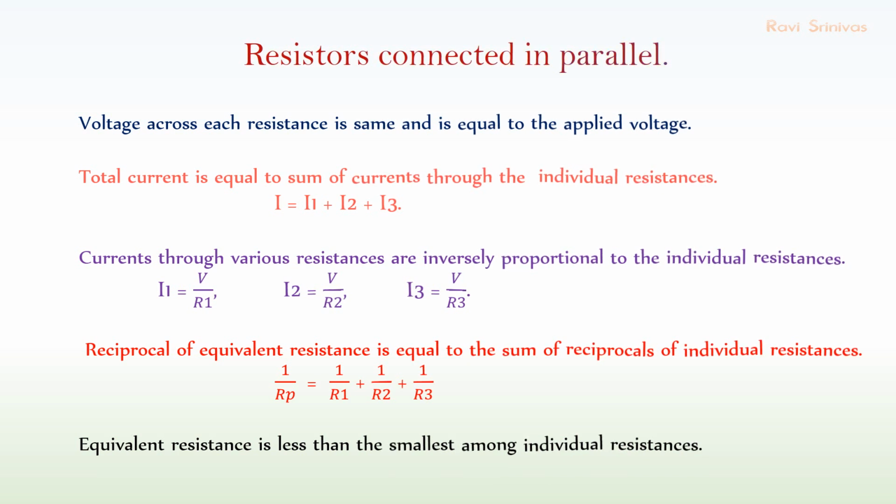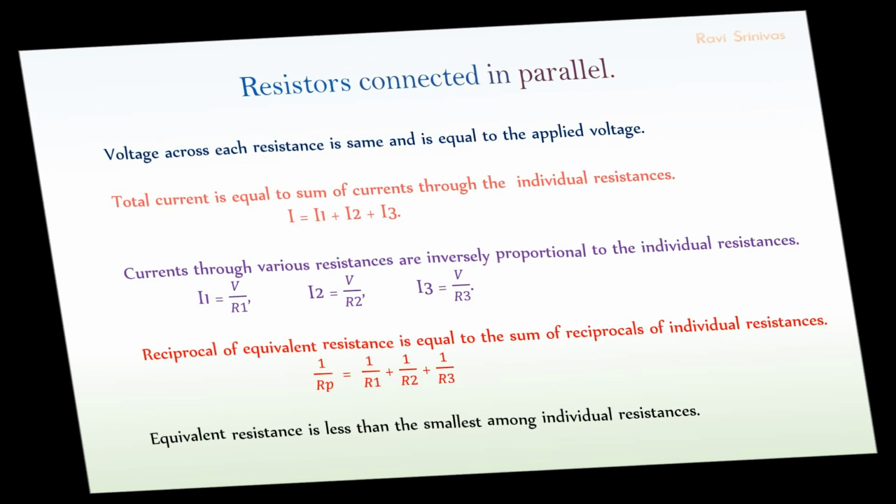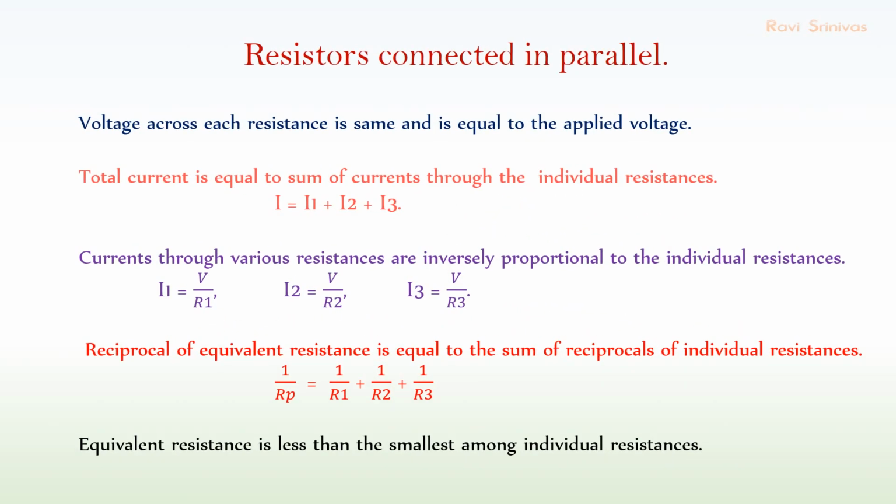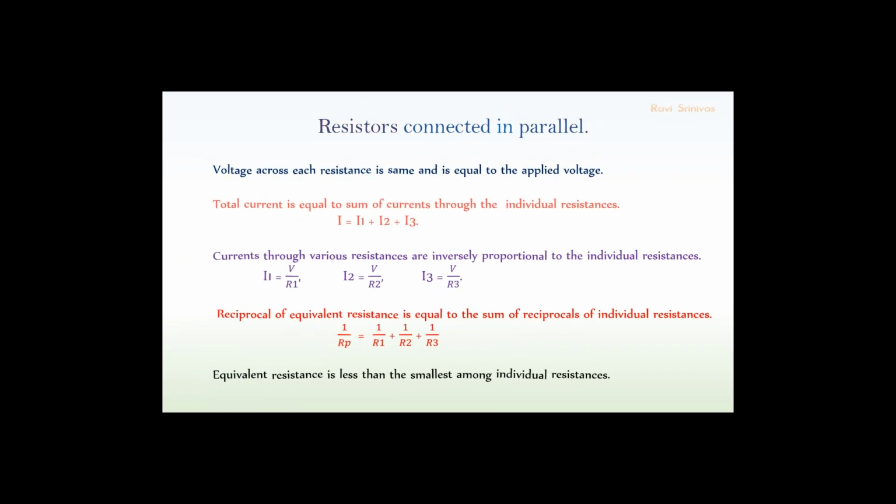Reciprocal of equivalent resistance is equal to the sum of reciprocals of individual resistances. 1 by Rp equal to 1 by R1 plus 1 by R2 plus 1 by R3.